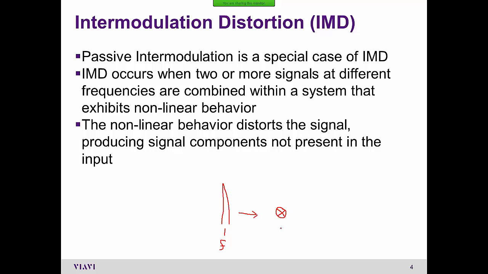And what the mixer does is it inserts into that mixer another signal at a different frequency, and those two then produce intermodulation distortion in the mixer. And so what you have is two signals at different frequencies mix, and maybe I better call this one F1 and this one F2.